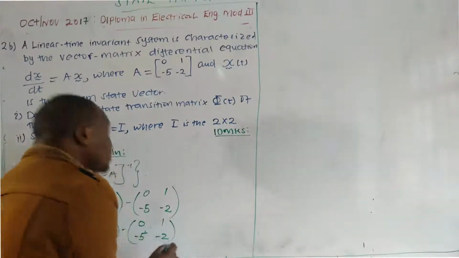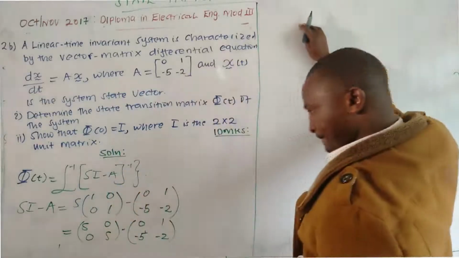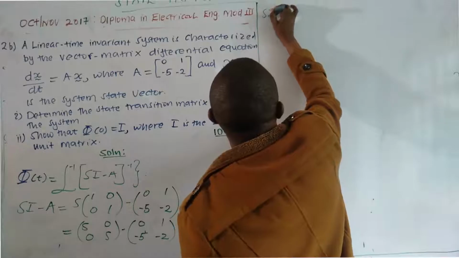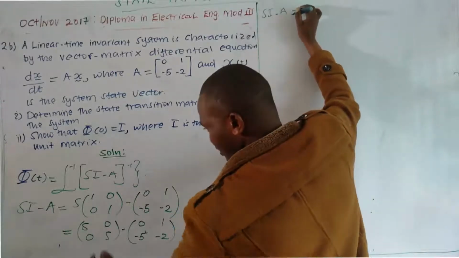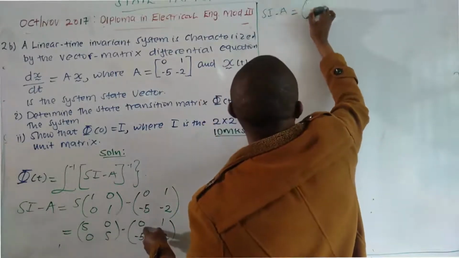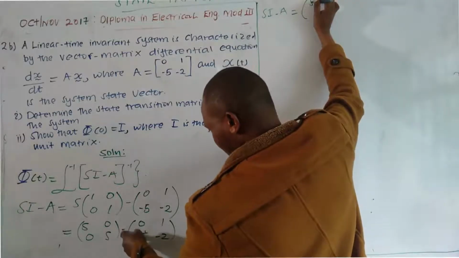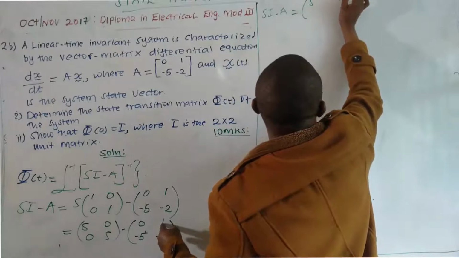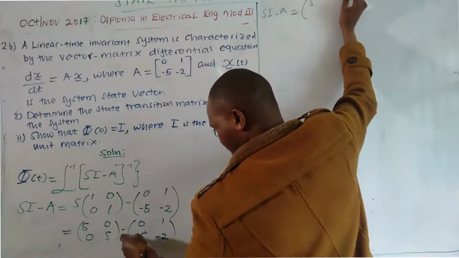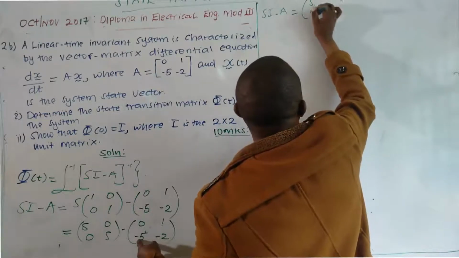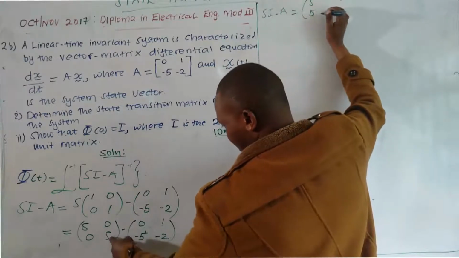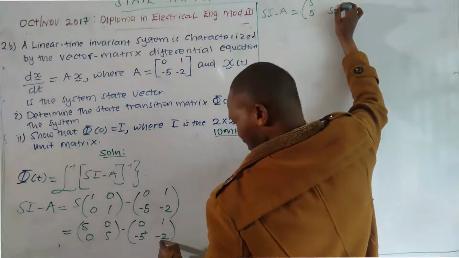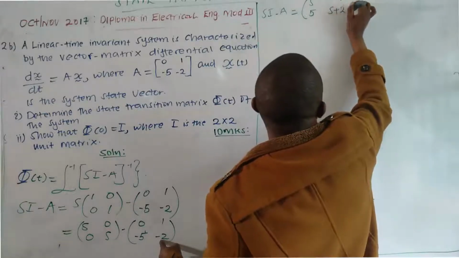We can open the bracket here, which is s, 0, 0, s minus 0, 1, negative 5, negative 2, which will now become: s minus 0 is s, 0 minus 1 is negative 1, 0 minus negative 5 is positive 5, and s minus negative 2 is s plus 2.